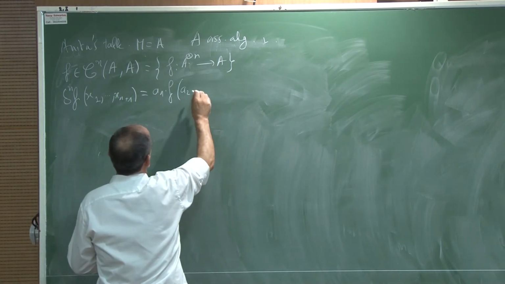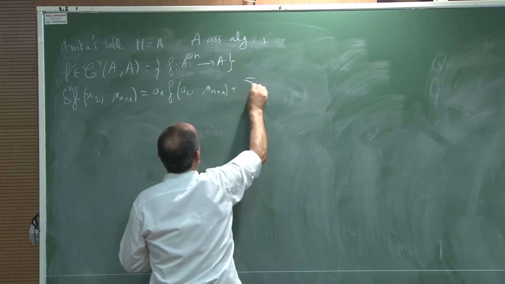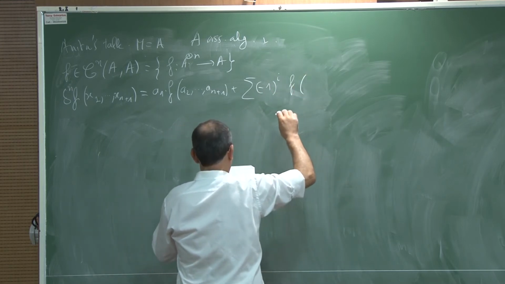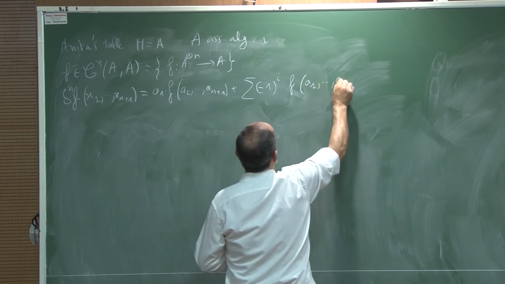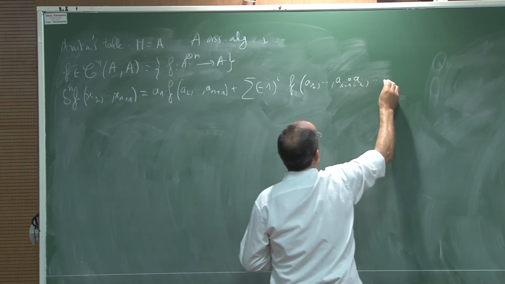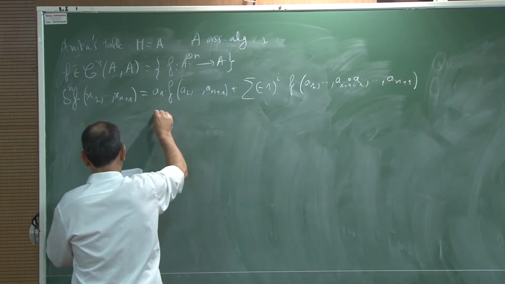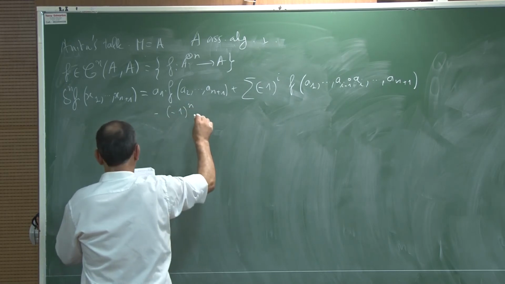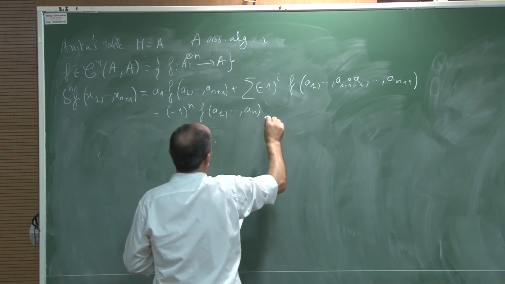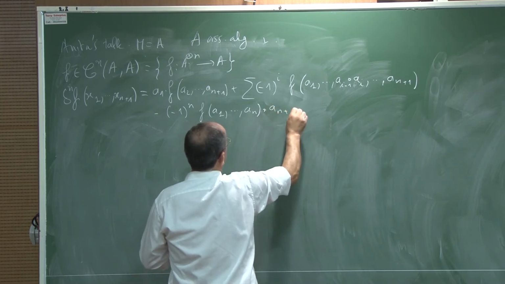It's defined by f(a2,...,a(n+1)) plus the summation of (-1)^i f(a1,...,a(i-1)a(i),...,a(n+1)) plus (-1)^(n+1) f(a1,...,an) times a(n+1).